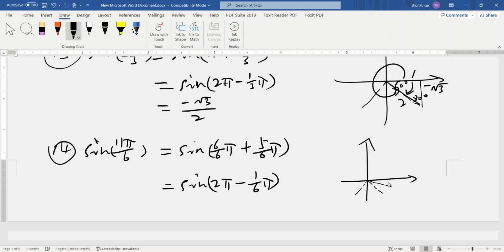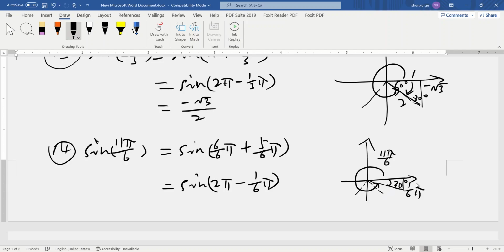Okay, here. This 11 pi over 6 is also the same as this angle. This is 1 over 6 pi. It's 30 degree.